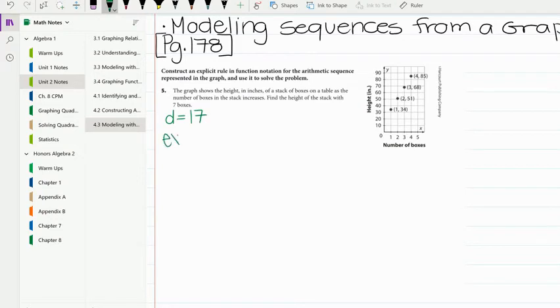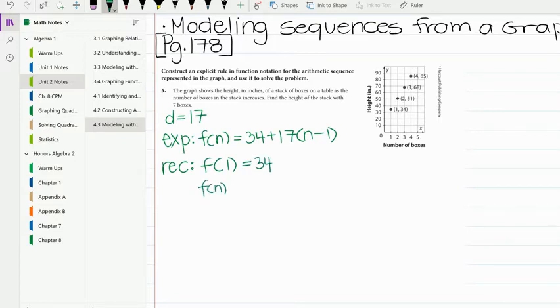Okay, so now let's go ahead and come up with our explicit rule. So our explicit rule is f of n equals, we have our first term, which is 34, plus 17 times n minus 1. Then we can come up with a recursive rule. Our recursive rule is f of 1 equals 34, and then f of n equals f of n minus 1 plus 17. And lastly, we want to find the height of the stack with 7 boxes. So basically, we want to find f of 7.